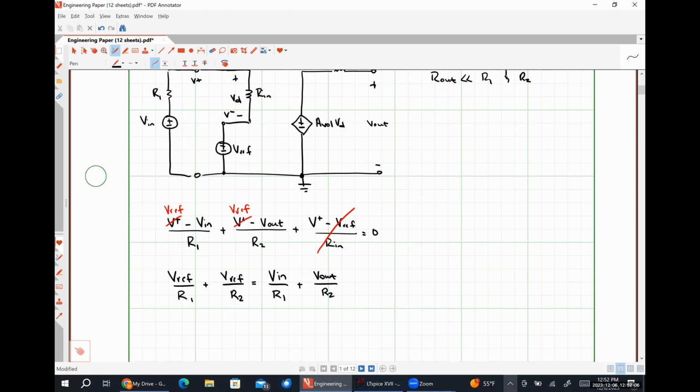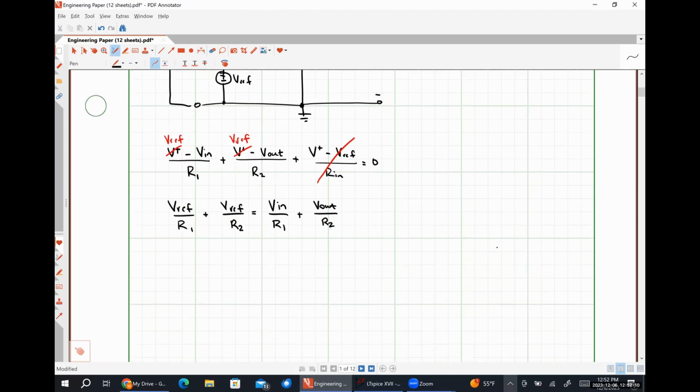And now I'm going to play around with a little bit of algebra, right? So this is going to look like V reference times (1 over R1 plus 1 over R2) is equal to Vn over R1 plus V out over R2.